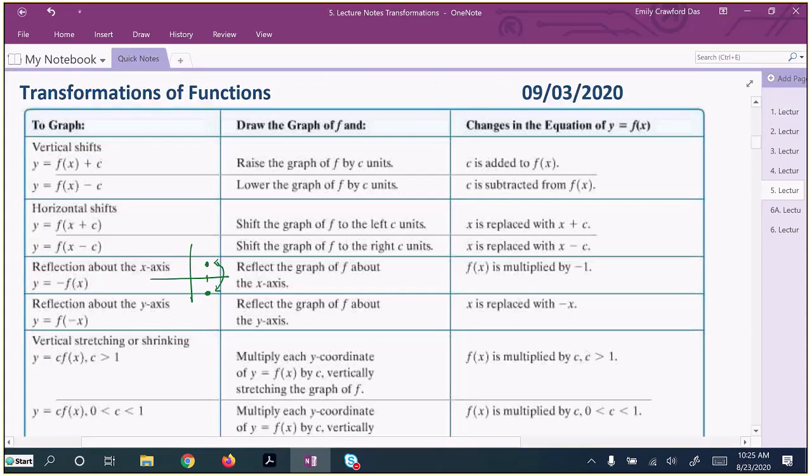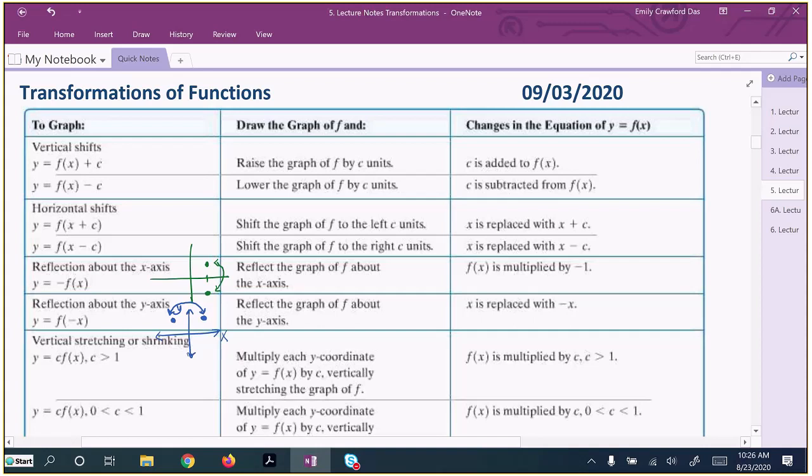We could also have a reflection across the y-axis. So again, let's think about our coordinate axes. Here's y, here's x. And say I have some point. If I reflect it across the y-axis, now it's over here. So I'd ask the same question: was my x-coordinate affected or my y-coordinate affected?